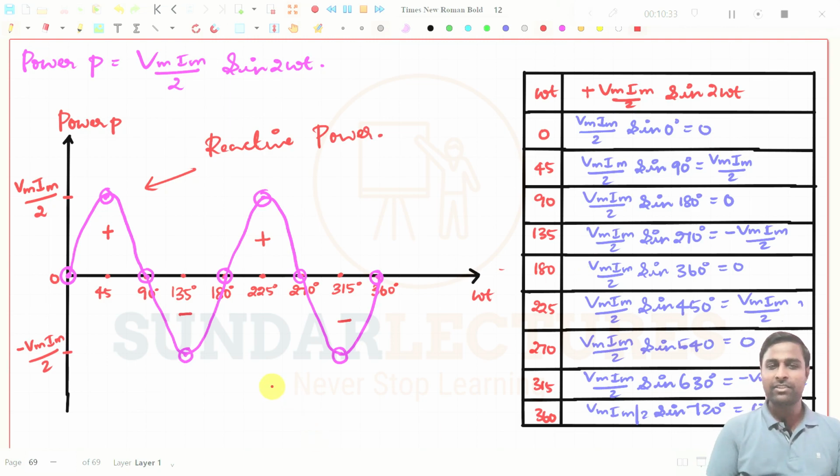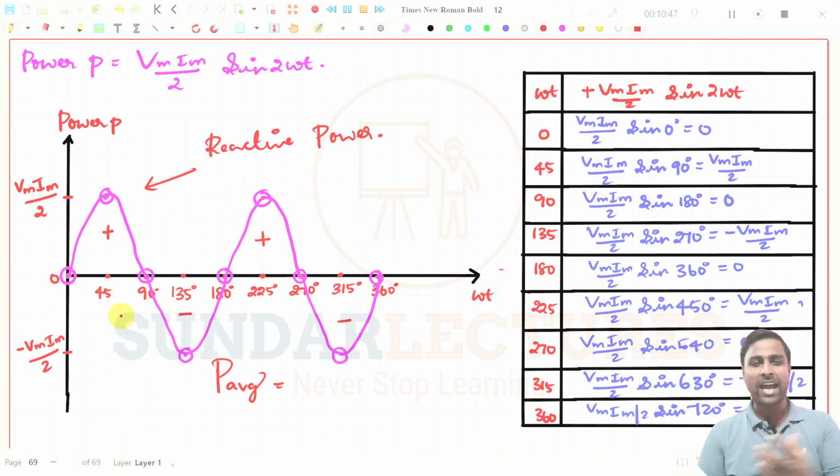And if you take the average, what will you get? P average will be what? Since it is the positive curve up to 90 degree, and at 180 degree it is getting negative. Again at up to 270 degree it is getting positive and negative. So if you take an average from 0 to 360 degree, obviously you will get 0.